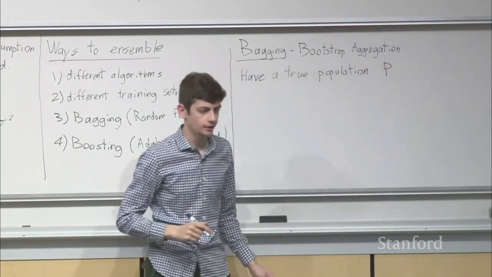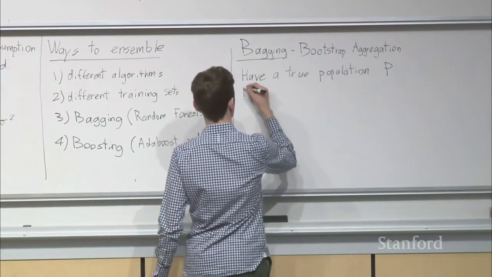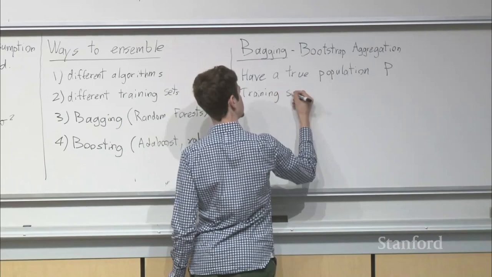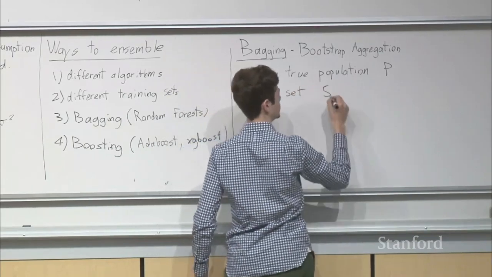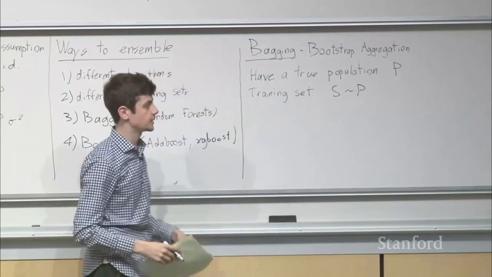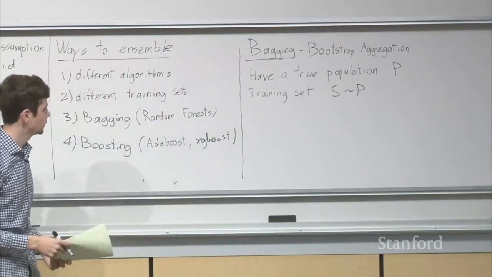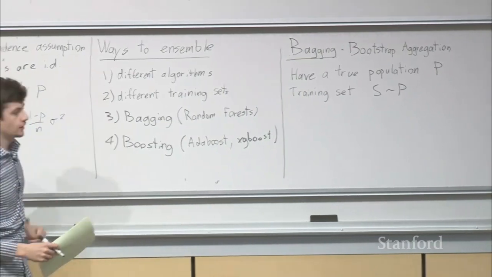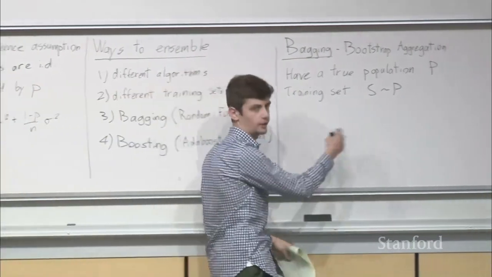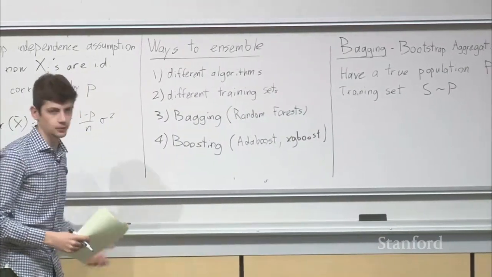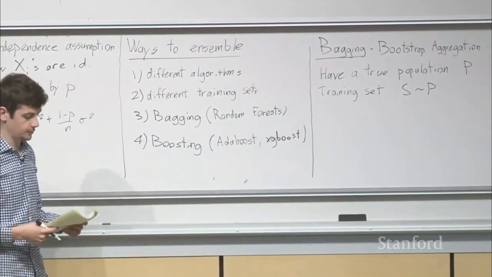And your training set S is sampled from P, right? So you just start drawing a bunch of examples from P, and that's what forms your training set at some level. Ideally, with this different training sets approach, you just draw S1, S2, S3, S4, and then train your model on each one of those separately. Unfortunately, you generally don't have the time to do that.